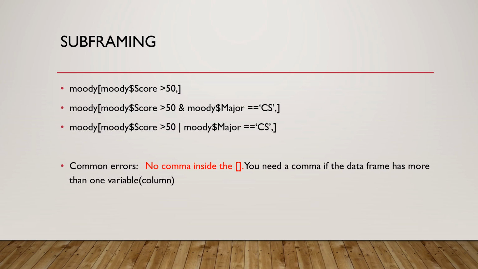It's very important to pay attention in subframing to having that comma here. Without this comma, it will flag an error, unless the data frame has just one column. If it has more than one column, you need a comma here. You also remember, just like in the subset function, that if you have a categorical variable, you need to use quotes for the values of the categorical variable.